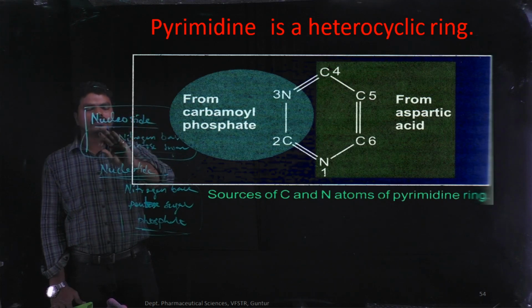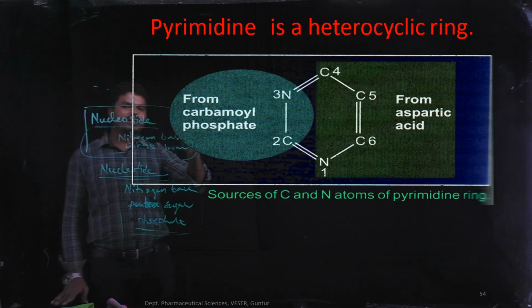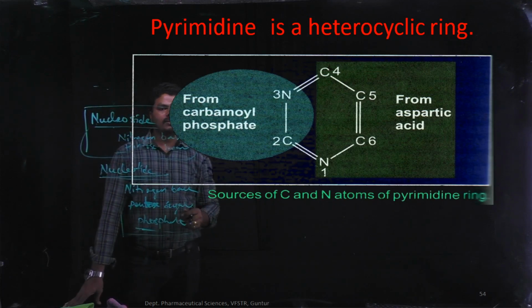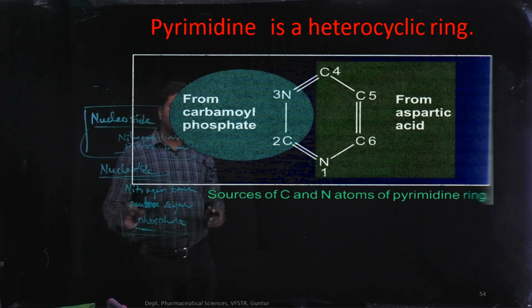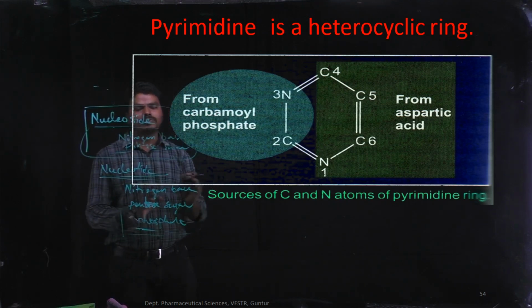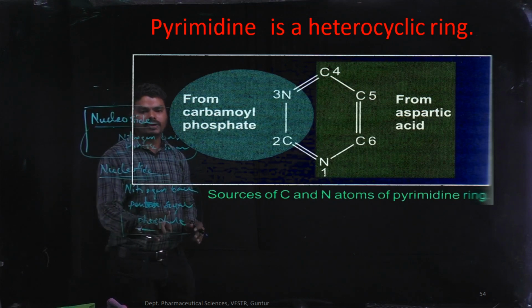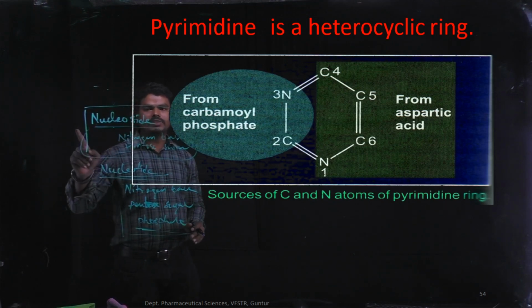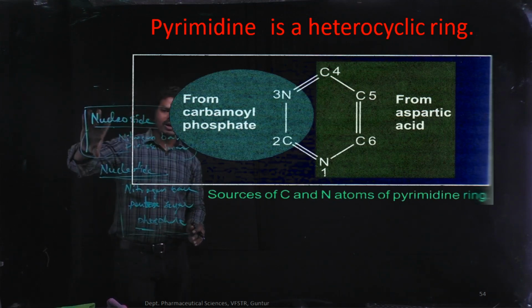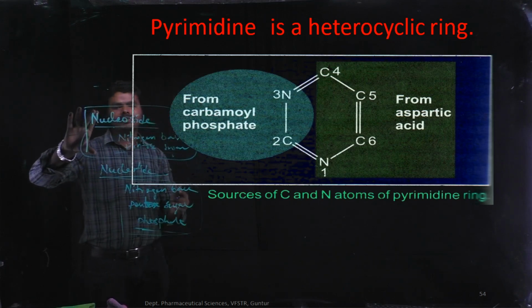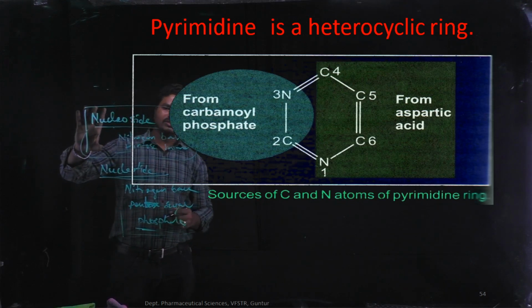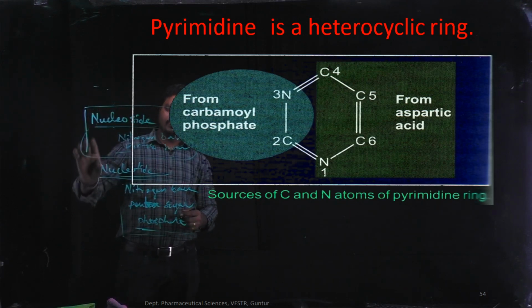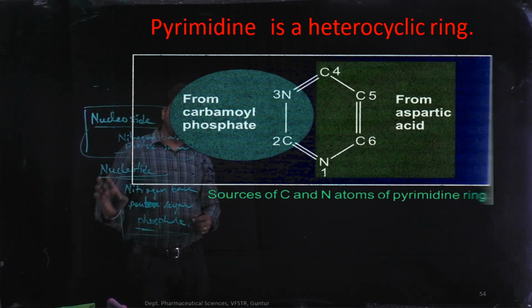So de novo produces a new pyrimidine molecule, whereas the salvage pathway uses already existing nucleosides to produce the nucleotide. Okay, understood.